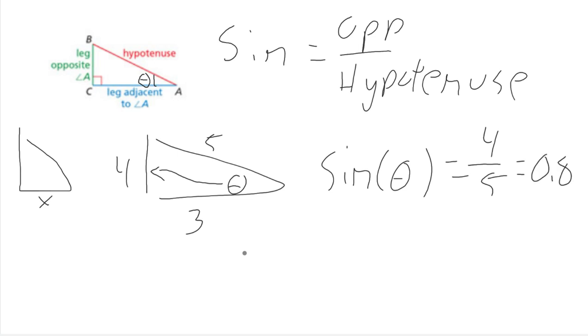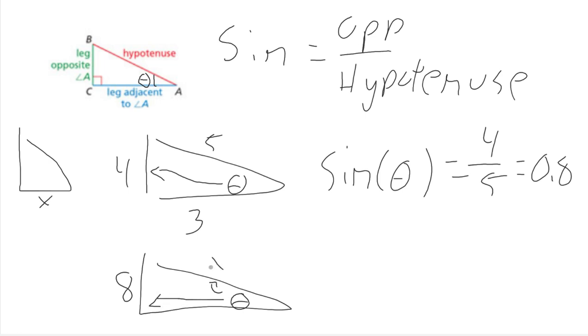So now I have a new triangle. It's still this measure theta, which I don't know yet, but we'll figure out how to figure that out in a little bit. And this is now 8. Well, we could just say 4 times 8, and then this should be 10. However, let's say we're using big numbers and decimals. I can then use this ratio and say the sine of this is going to be opposite over hypotenuse.